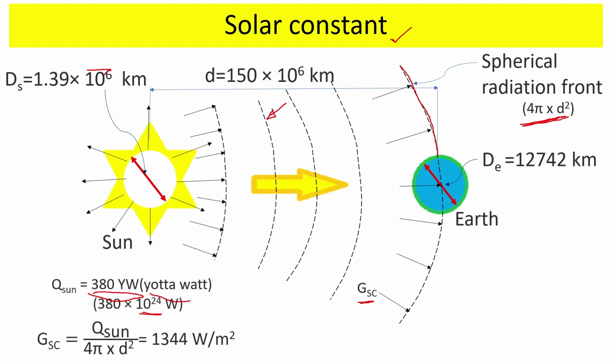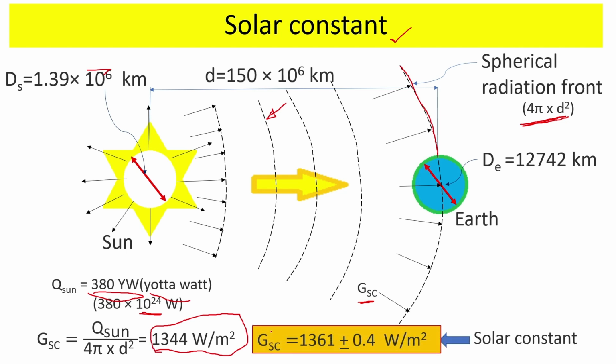We know that the surface area of a sphere is 4 pi r square. R stands for radius. So here r is d. So we have written 4 pi d square. If we divide 380 into 10 power 24 watt by 4 pi d square, it comes out to be 1344 watt per meter square. This quantity is called solar constant, right?